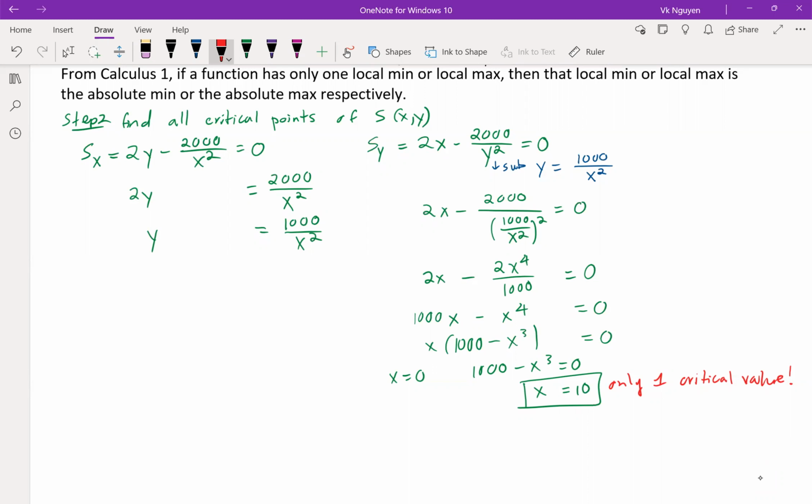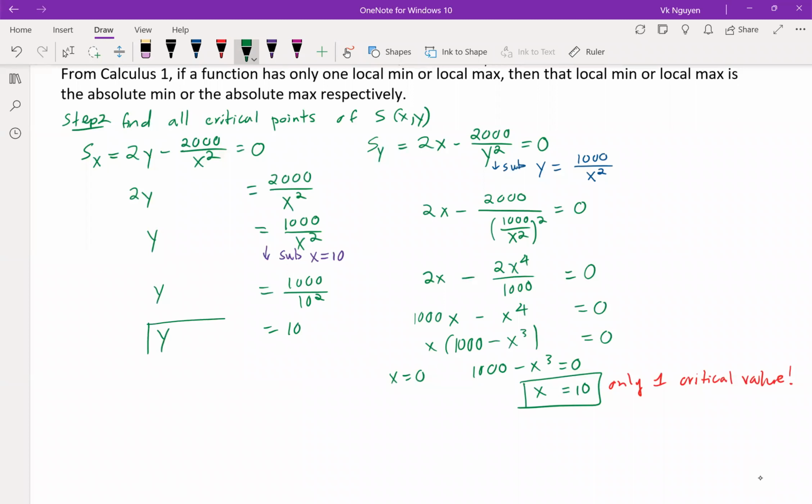Okay, so when x equals 10, I'm going to substitute x equals 10 here. And then y is going to be 1000 over 10 squared, which is 10.